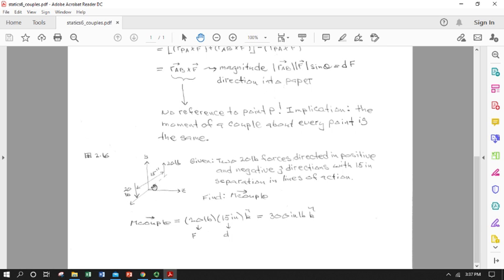And so all that's left is to figure out if it's in the positive z or the negative z, so we can use the right-hand rule, put our fingers maybe in the direction of that positive 20-pound force and curl around into the direction of the negative 20-pound, or imagine going what would be counterclockwise around a clock whose hands are at the origin, looking down on it from the z-axis, and so we're rotating in this way around the z-axis. So the couple is actually pointing in the positive k-hat direction. So 300 inch-pounds k-hat is the moment.